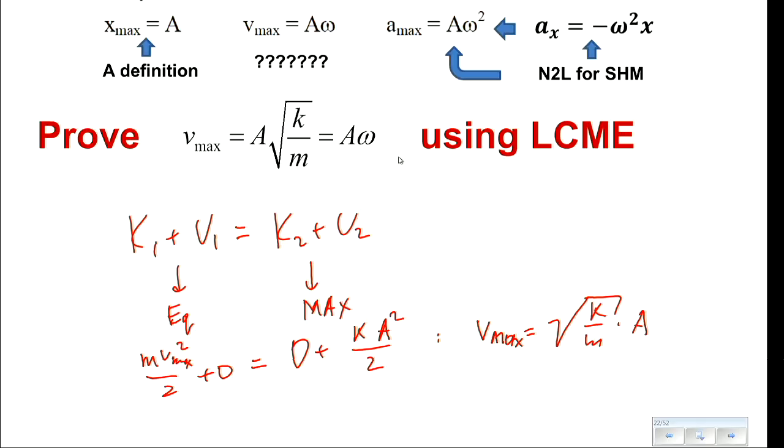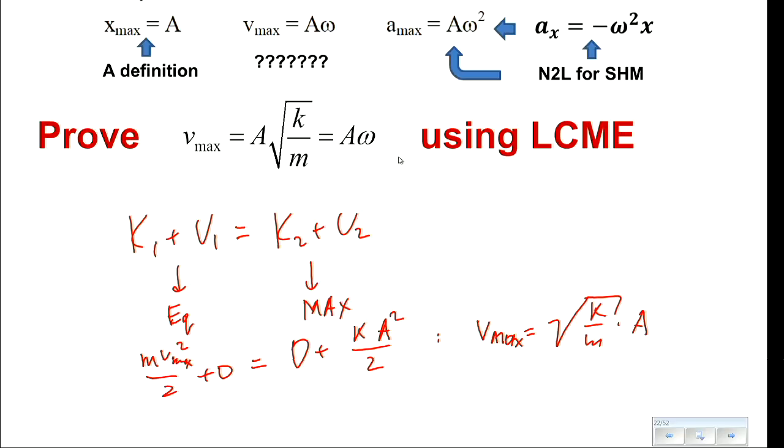So this is just a definition of maximum displacement. This is Newton's second law, and this expression comes from a specific point when location is at the maximum. We didn't know this yet.